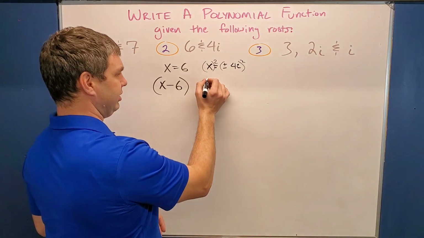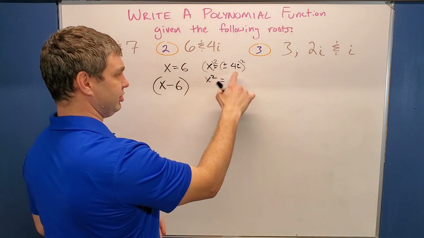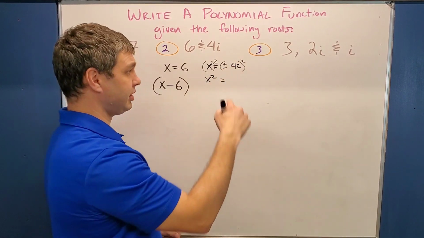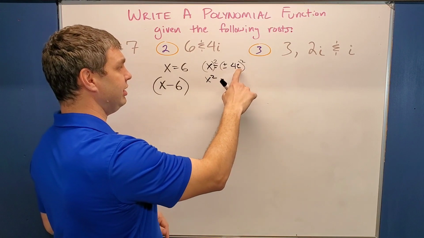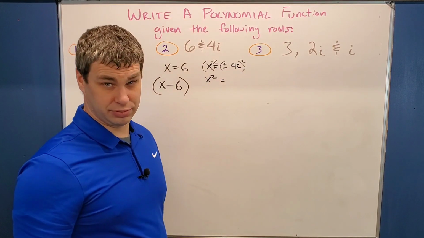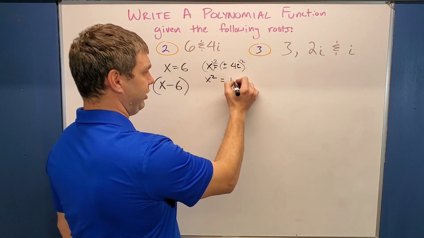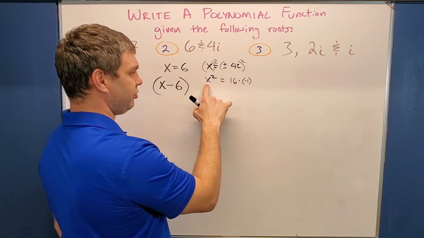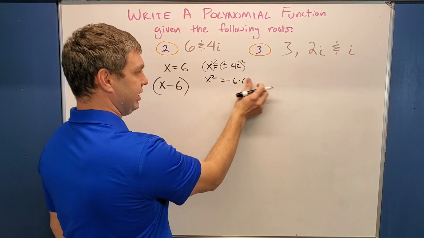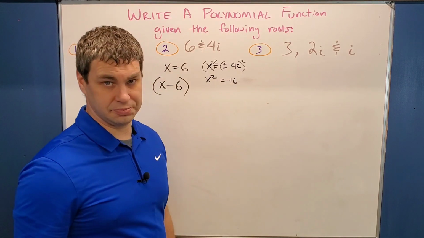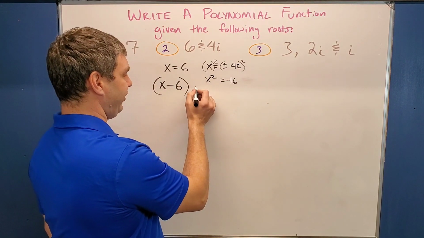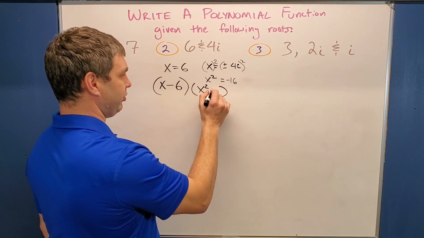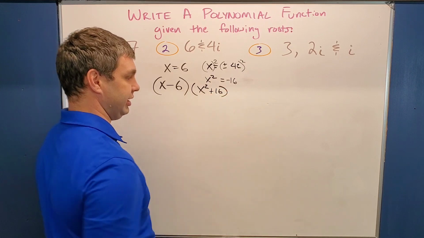This gives me x squared equals 4 squared, whether it's positive or negative, which is 16, and then i squared is -1. So we have 16 times -1, or x squared is going to equal -16 if you multiply those together. That's important because now my factor, if I add the 16 over, is going to be x squared plus 16.